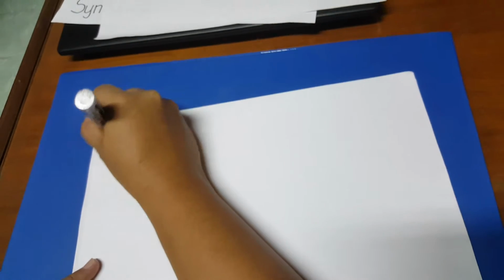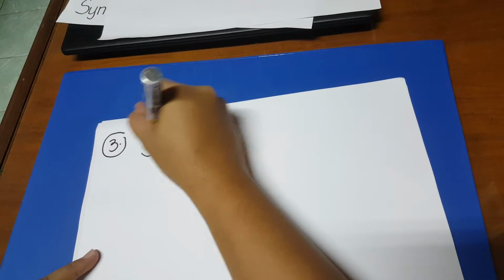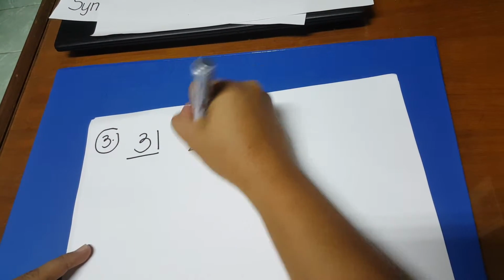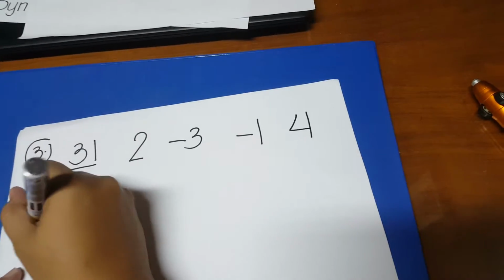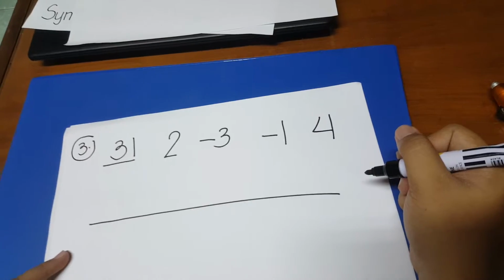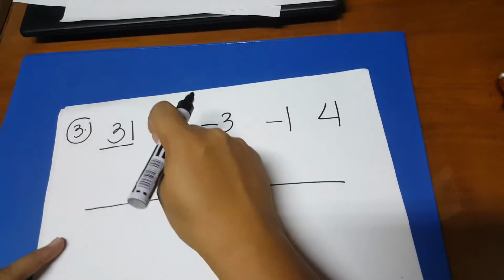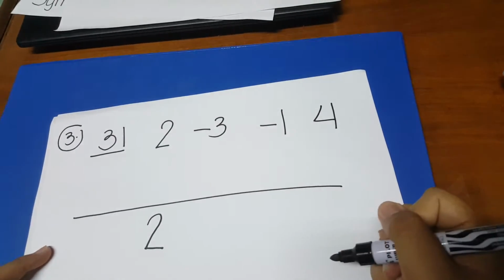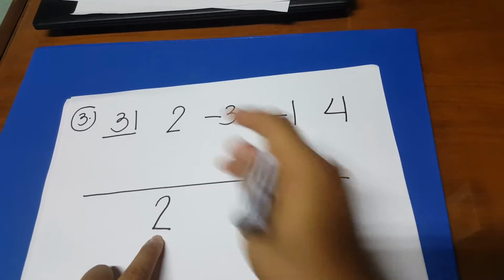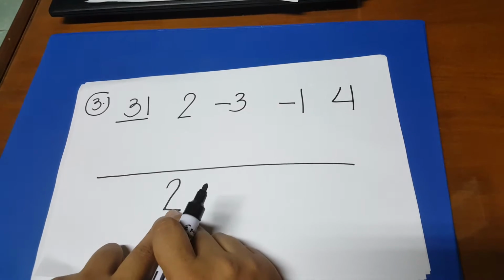Step 3. Okay, so let me just rewrite the numbers. You have 2, negative 3, negative 1, 4. All you have to do is to bring down the leading coefficient 2 at the bottom row. This is the bottom row. You bring down the leading coefficient.